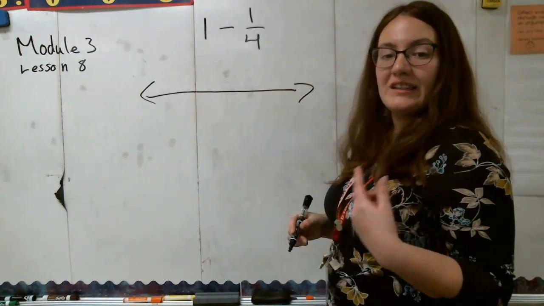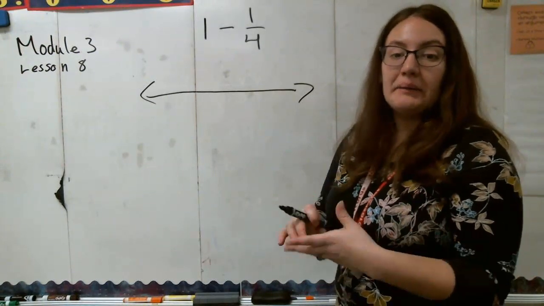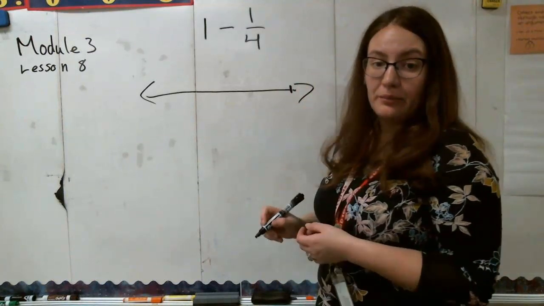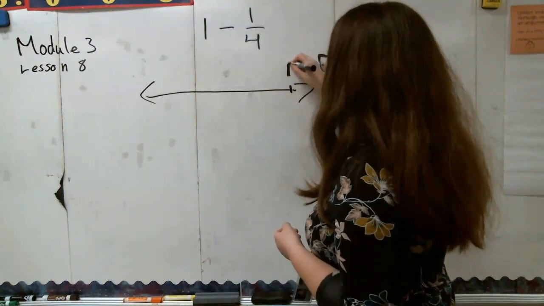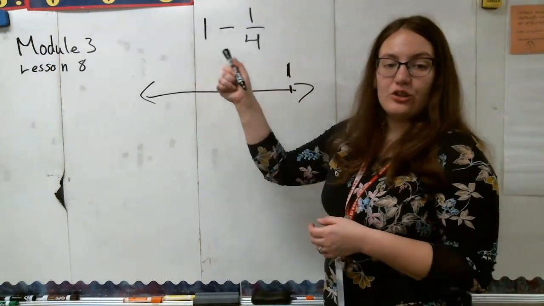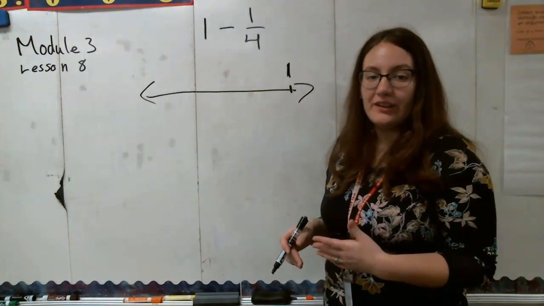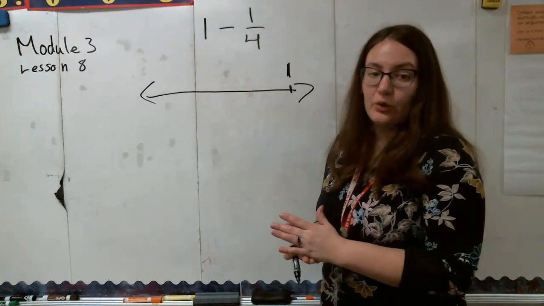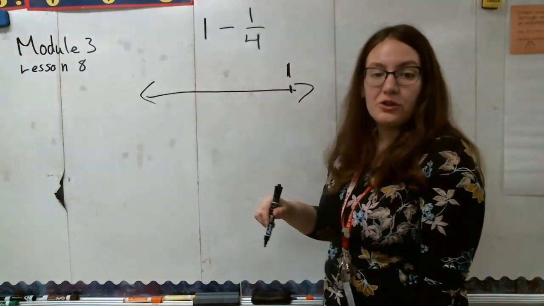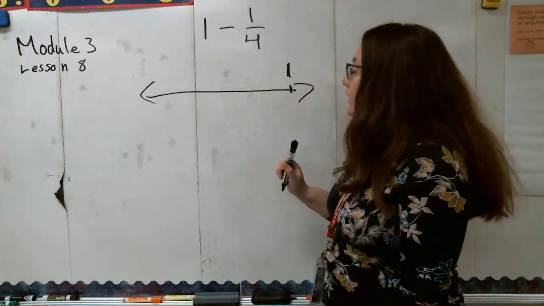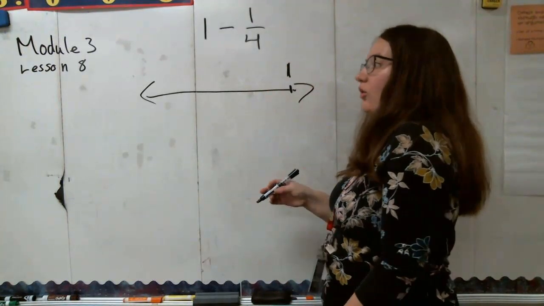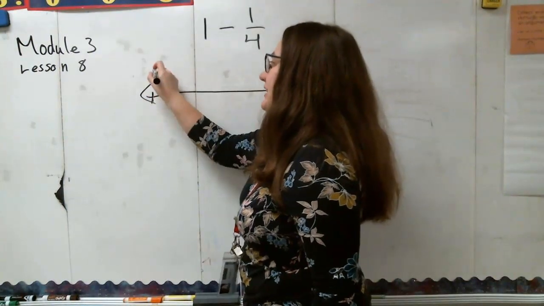Since I am taking one whole and taking away from it, I'm going to start at this end of my number line, and I'm going to show that this is 1 whole and that I need to subtract 1/4. Again, I need to think about what whole numbers my answer is going to be in between, because I'm not subtracting a whole number. If I think about 1 minus 1 whole, that would just give me 0.